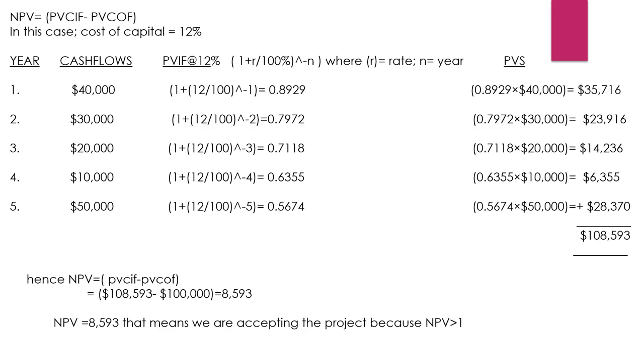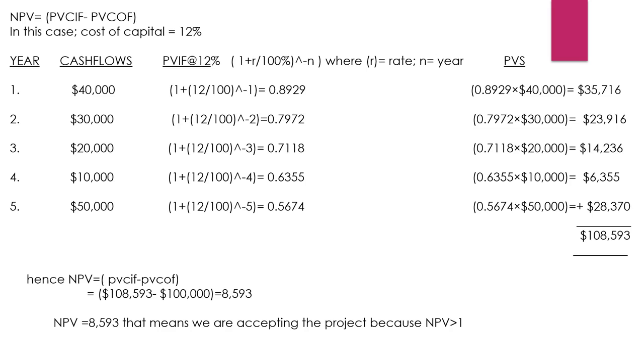So we add all the present values of the cash flows for the whole 5 years. You get that the present value of cash flow is $108,593. So remember, we said that to get the NPV, we take the present value of cash inflow and subtract the present value of cash outflow.